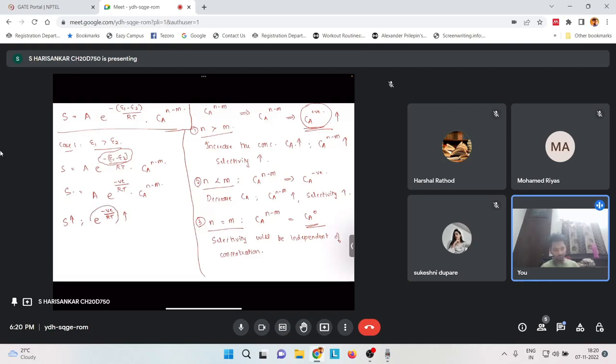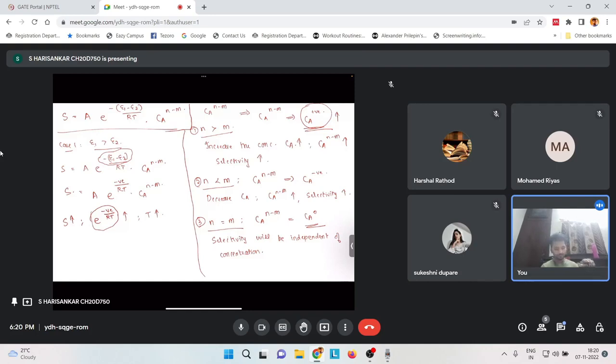For this term to increase, we have to increase the temperature, because there is a negative sign here. If we increase the temperature, the denominator of the exponential increases, so the exponent becomes less and less negative as we increase the temperature.